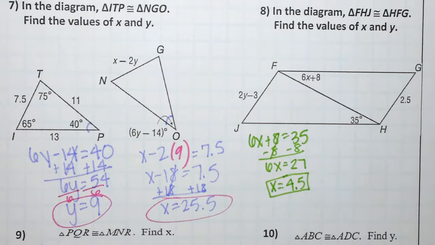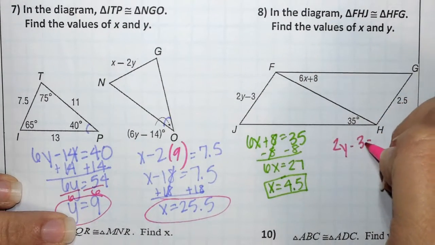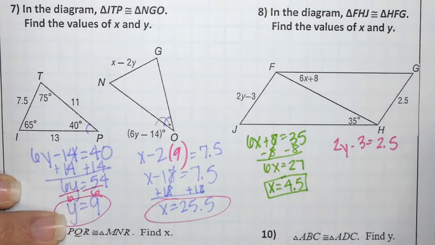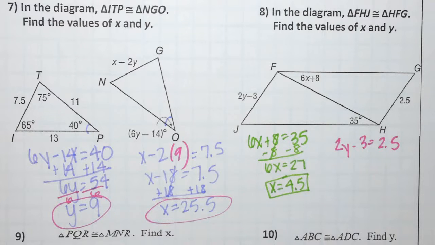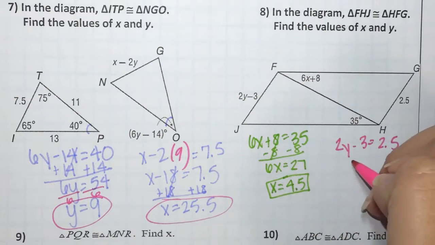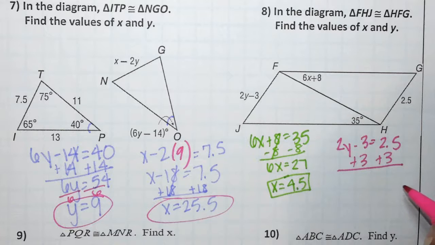Alright, let's find y. What are we going to set 2y minus 3 equal to? 2.5. And we're not afraid of decimals, are we? What would I do from here? Why would I add?